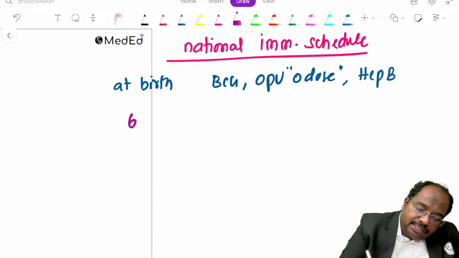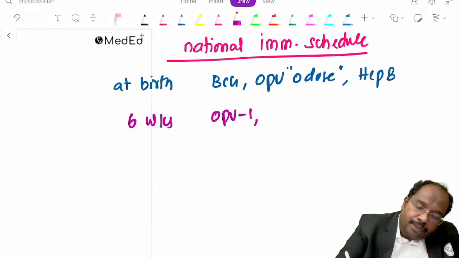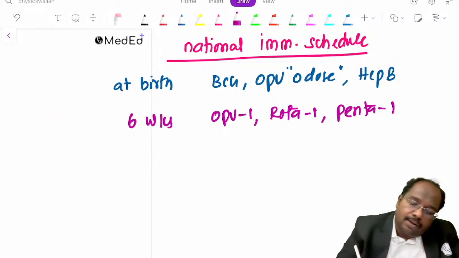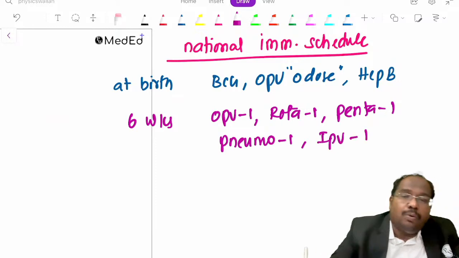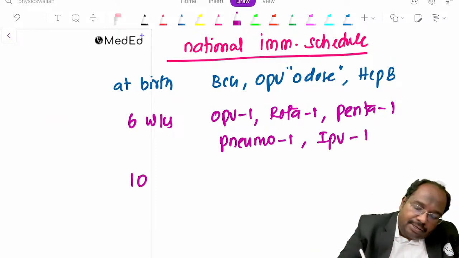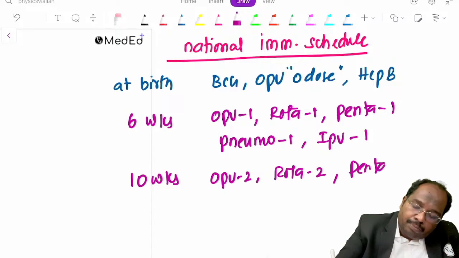At 6 weeks, 5 vaccines we are going to provide: OPV 1, Rota 1, Pentavalent 1, pneumococcal 1, and IPV 1, injectable polio vaccine. At 10 weeks, OPV 2, Rota 2, Penta 2.